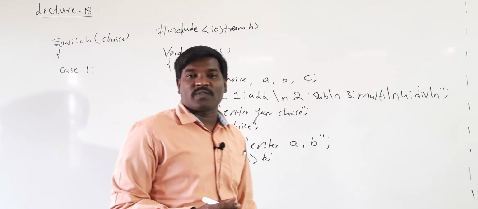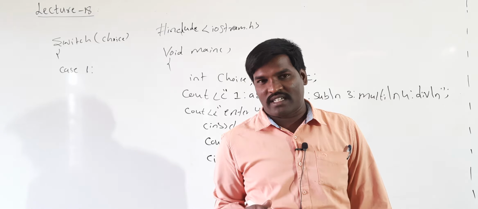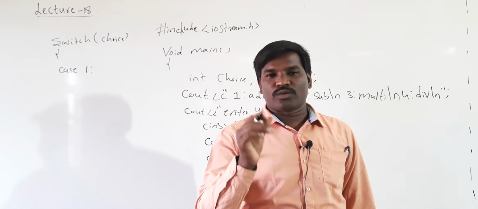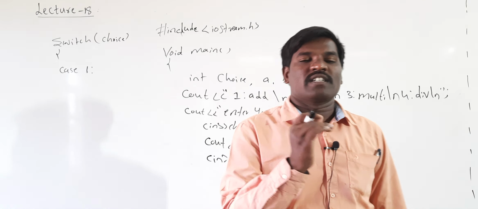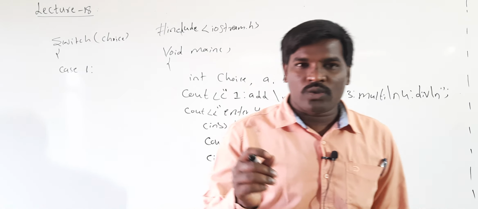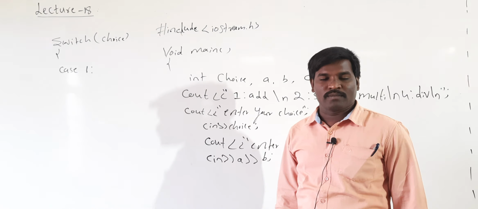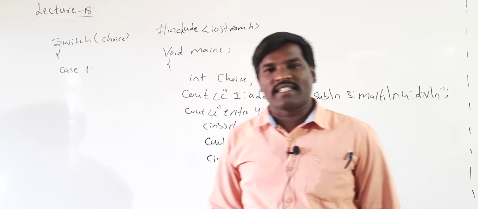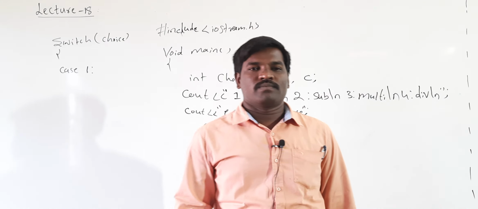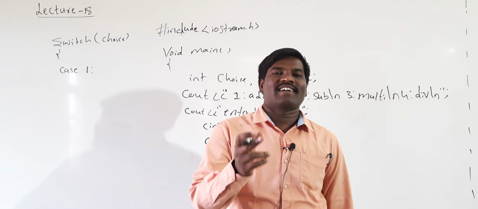Suppose you want to perform area of circle, area of triangle and circumference of a circle, 3 options using the switch. Here different inputs are required. In this case you have to read the value in the particular case only, because area of circle has pi r square, circumference 2 pi r, and area of triangle requires 2 inputs.